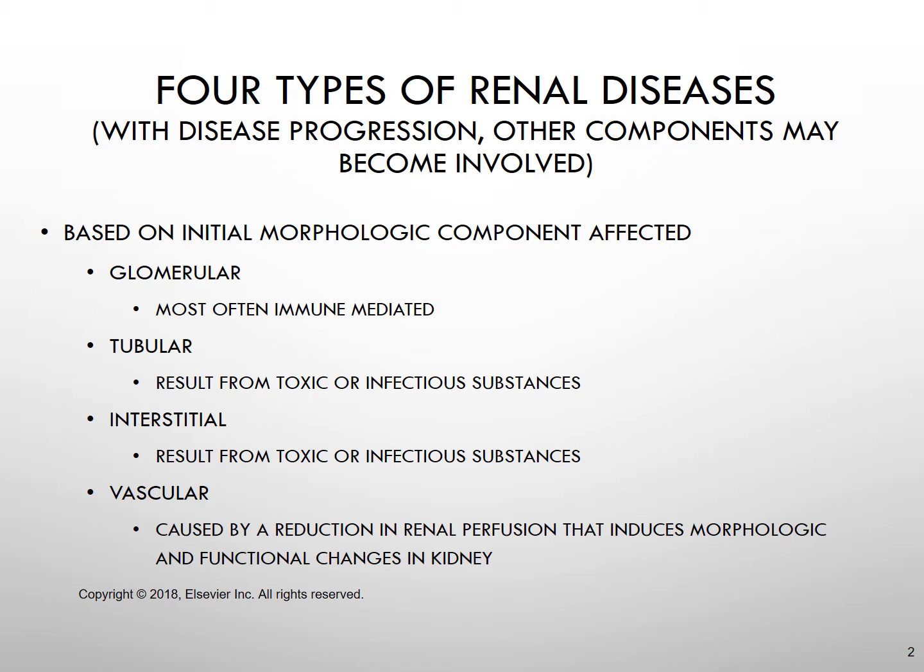So glomerular diseases most often are immune-mediated, whereas tubular and interstitial diseases result from infectious or toxic substances. In contrast, vascular diseases cause a reduction in renal perfusion that subsequently induces both morphological and functional changes within the kidney.